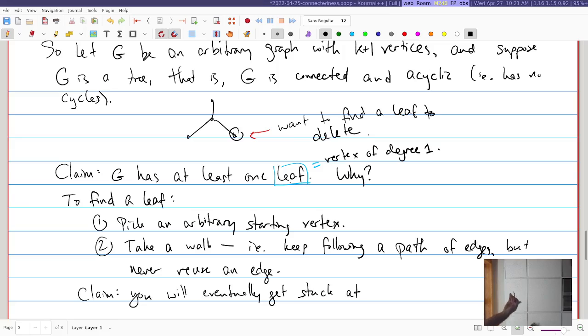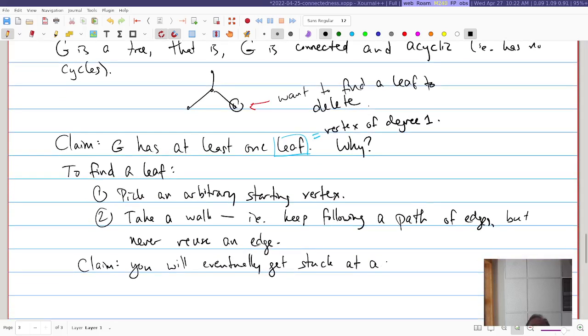But the term leaf actually applies to any graph. If you have a vertex of degree 1, you can call it a leaf. At a leaf, if I come to a leaf, I'm definitely stuck because I just came along an edge to get there, and the only way to get away from it would be to go back along the edge I just came on, and I can't do that, right? So, if we get to a leaf, we will definitely get stuck.